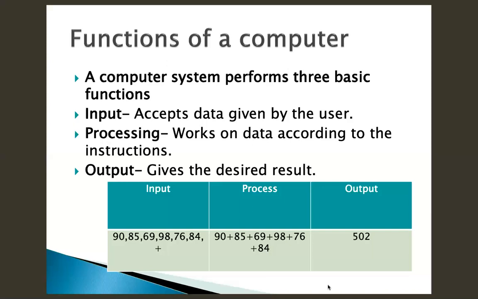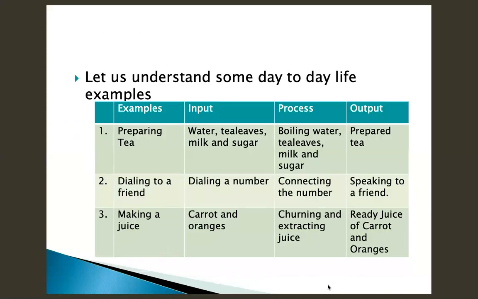We have seen this function of a computer: input, process, output. We will see some examples in our daily life also. Your mother prepares tea in the morning, right? She will take a utensil, add water, tea leaves, milk, sugar, and put it on a gas stove for boiling, and you will get a ready tea.